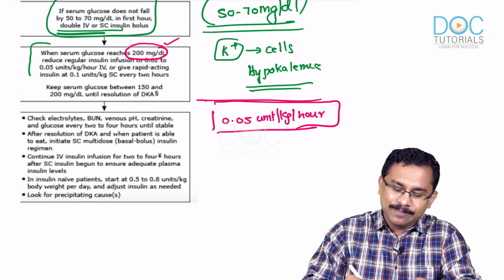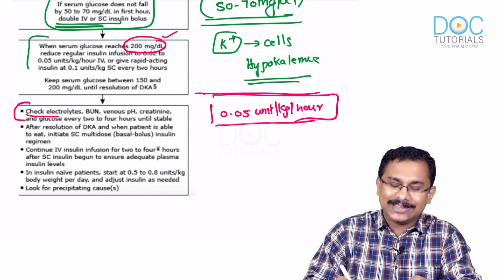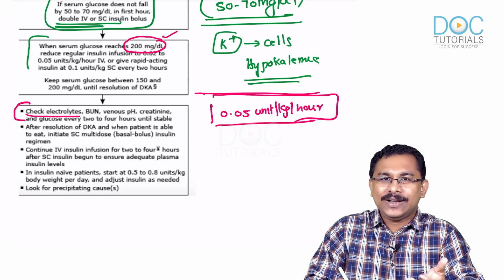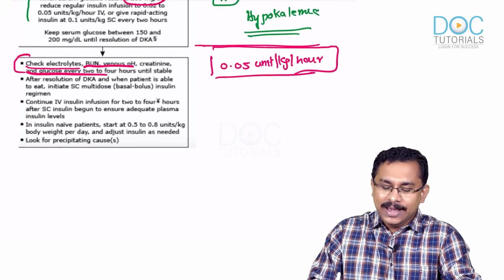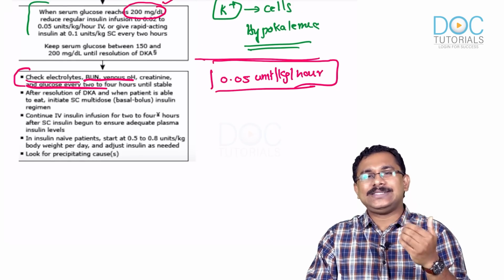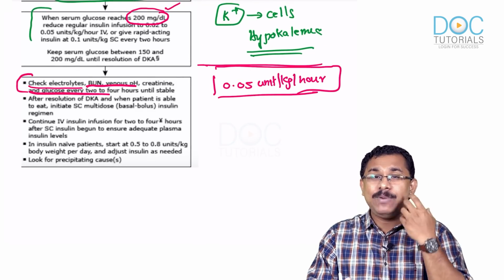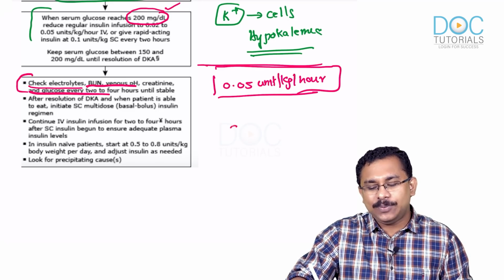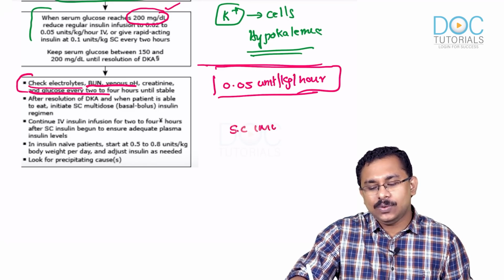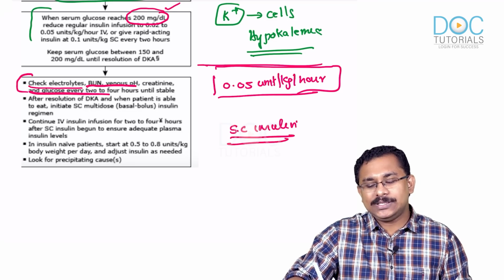And it's always important to check periodically your electrolytes, your renal function tests, your arterial blood gas, ABG also. Once the patient is able to take oral feeds, you can shift to subcutaneous insulin.